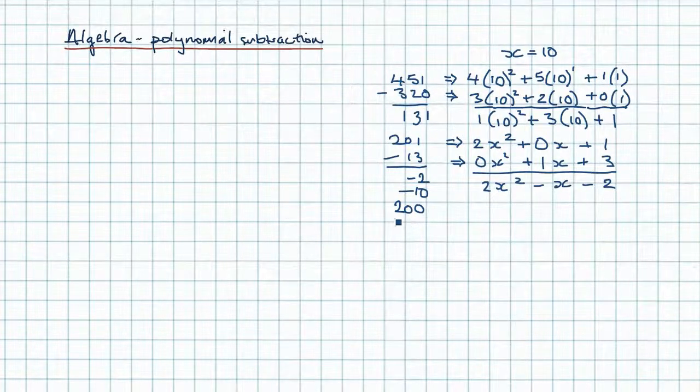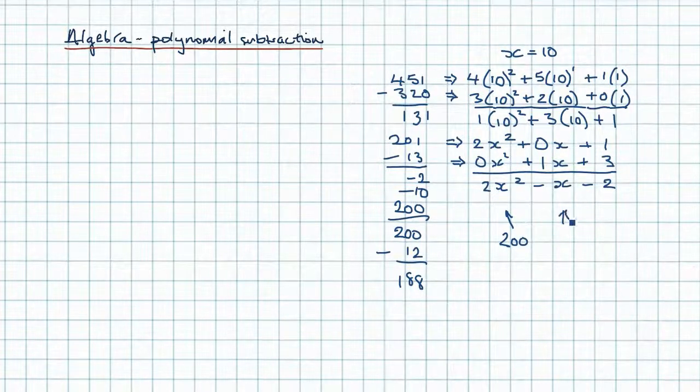And so what have we got? We've got 200 subtract 12 gives us 188. Similarly here, if we put in x equals 10 into there, we would end up with 200.